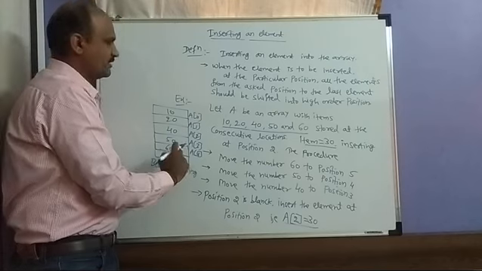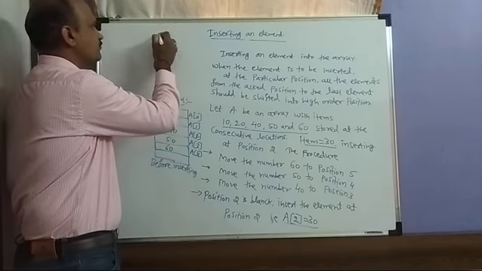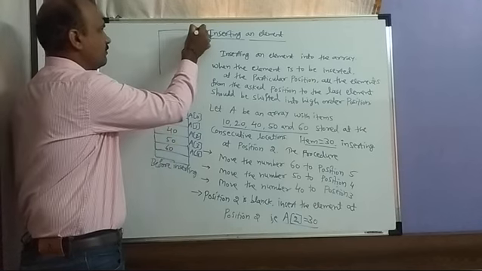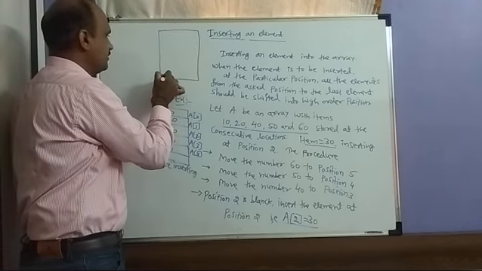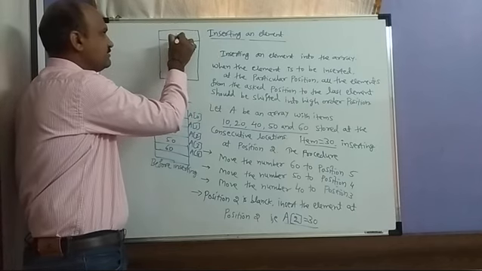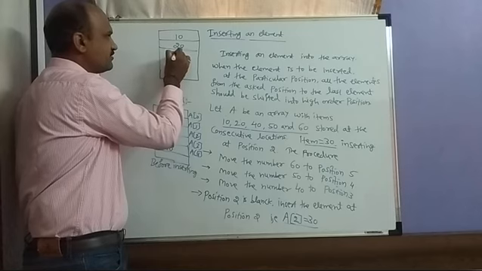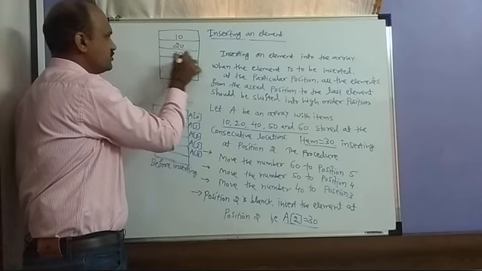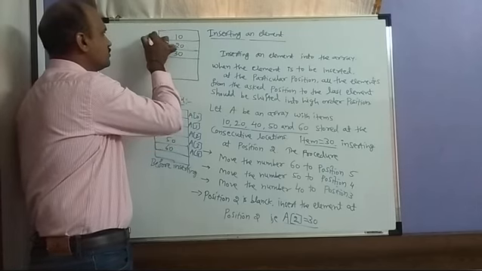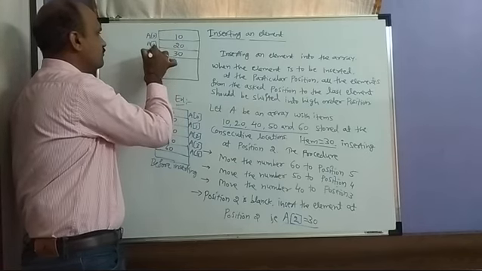So here I will write it. First always 10, then 20, then the position where the new item 30 is inserted. That is A of 0, A of 1, then A of 2.